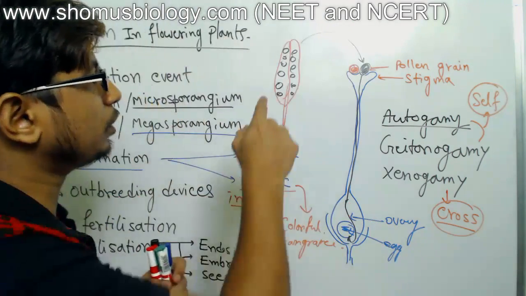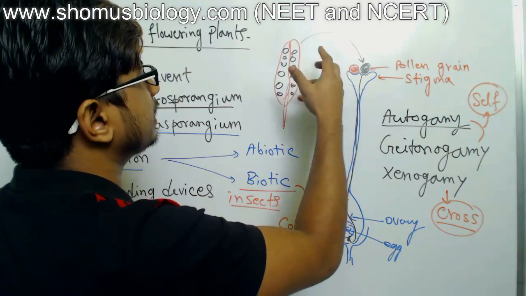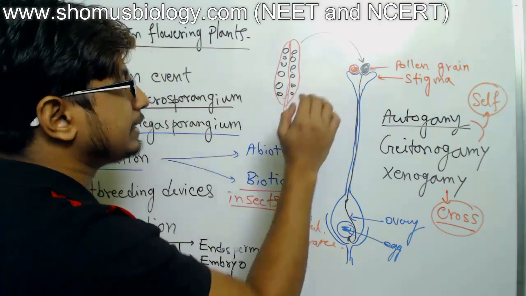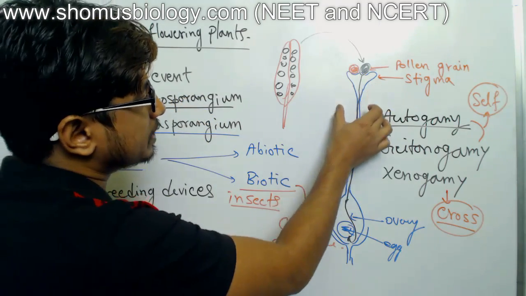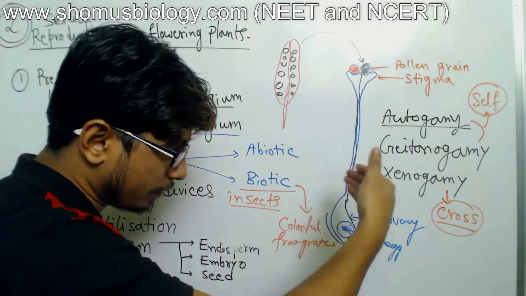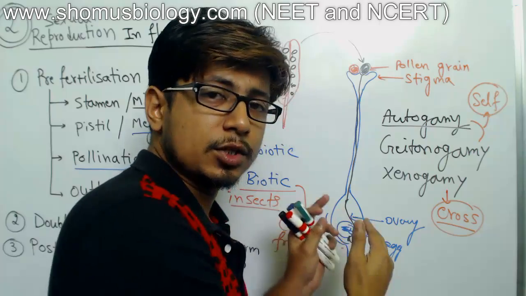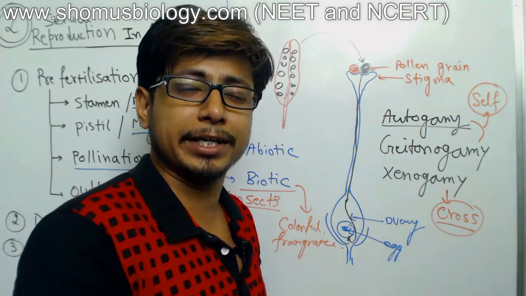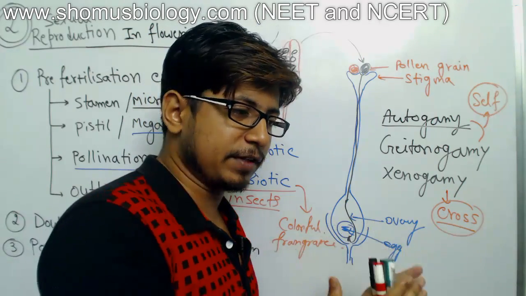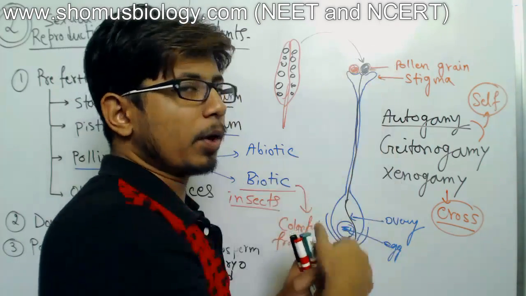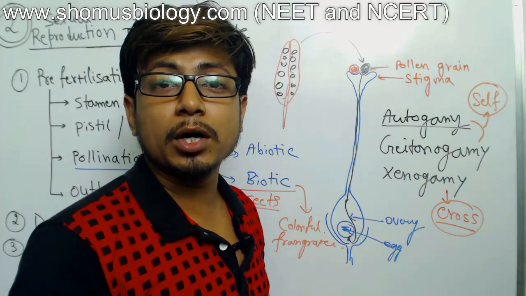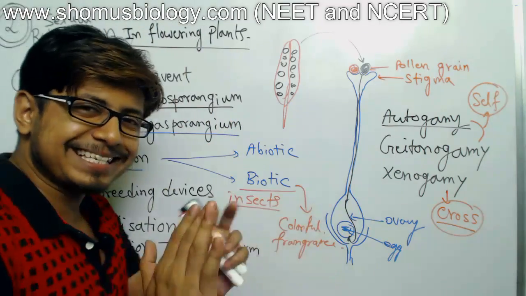So what they are going to do, because whenever there is air or things like that, the anther can easily land on top of the stigma. To prevent that, there is a specific time duration for which the stigma remains active for the chance of fertilization, because the egg is not always active till eternity. There is a time duration till which the egg is ready to be fertilized, and if the time has passed, even though you put pollinators and all the pollen grains, fertilization will not take place. So what they do here, they change the time.